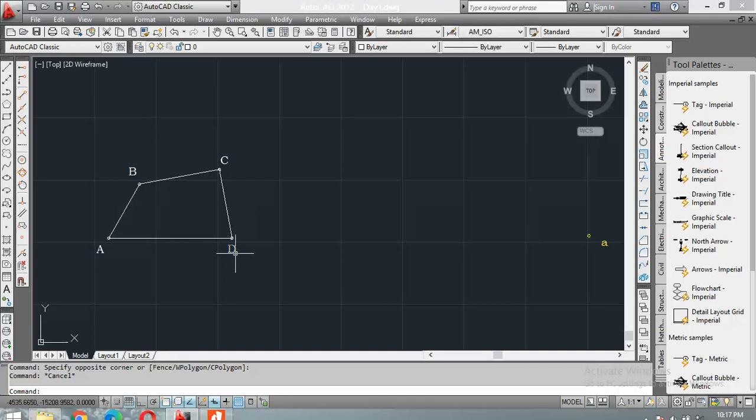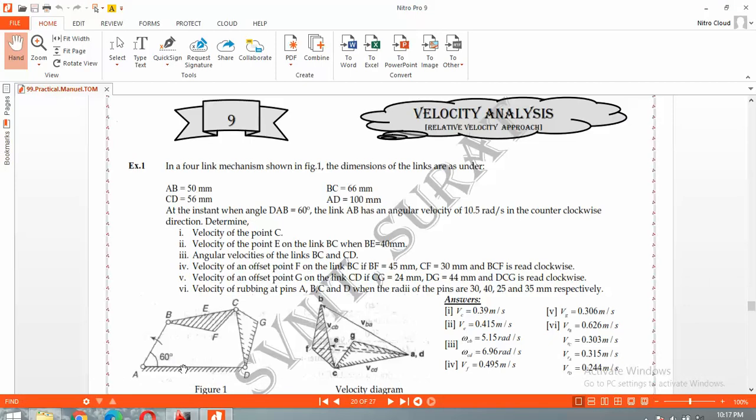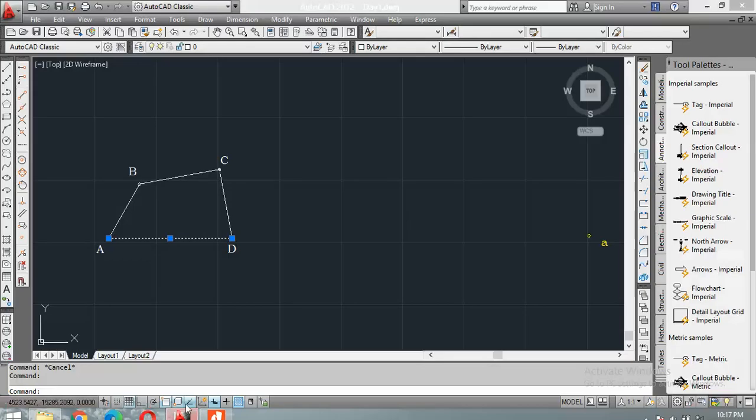Second point, we will mark that point which is also fixed. So here it is given that AD link is fixed. So we will target the next point, number D. See, AD is the fixed link. Can you tell me what is the velocity of D with reference to A?